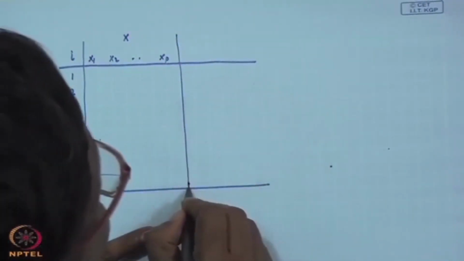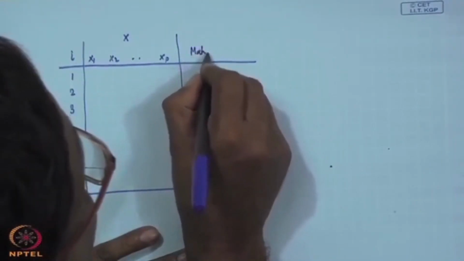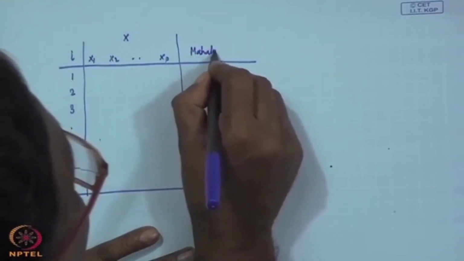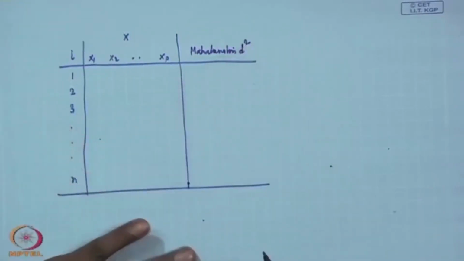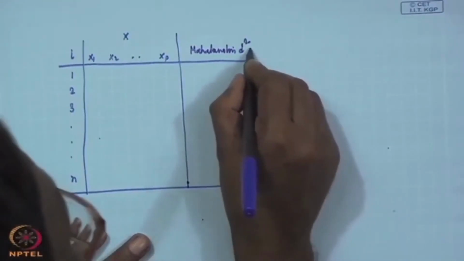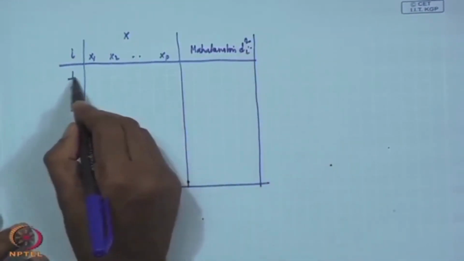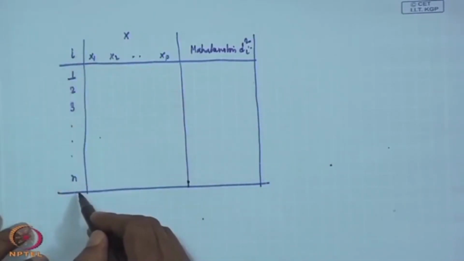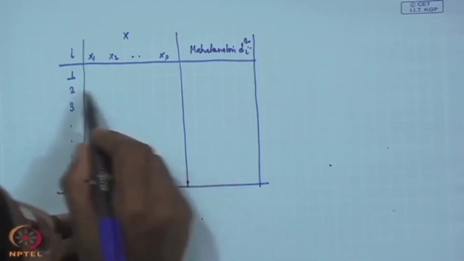Now, we will calculate the d square value, Mahalanobis d square. I am writing this as d i square, where i goes from 1 to n, correct. So, what is this?